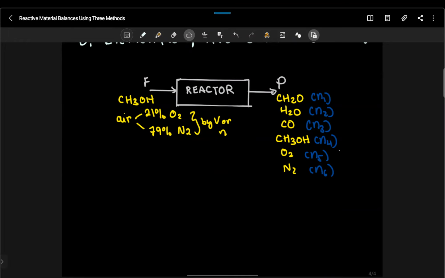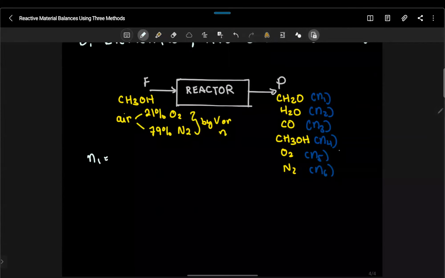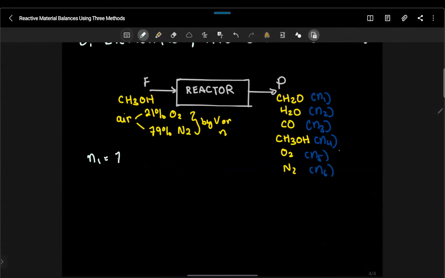So, kung maalala ninyo, na-solve na natin si N1, which is 75 moles of formaldehyde, and si N4 is 10 moles of methanol. Okay, kasi masosolve itong mga to using the given conversion and yield, right?